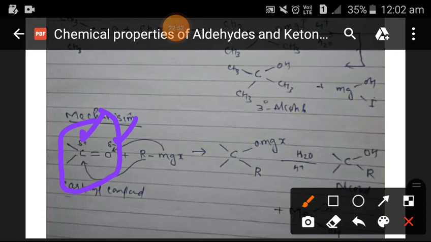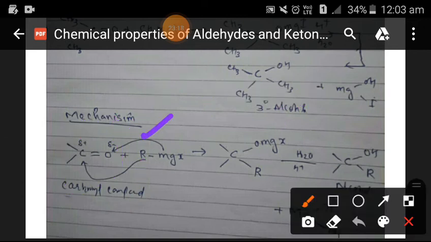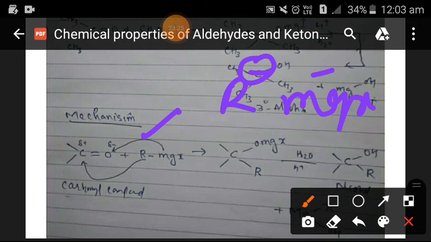From the RMgX, it may ionize like this, R negative and MgX positive, simultaneously. Actually R gets a negative charge here, and MgX gets the positive charge.